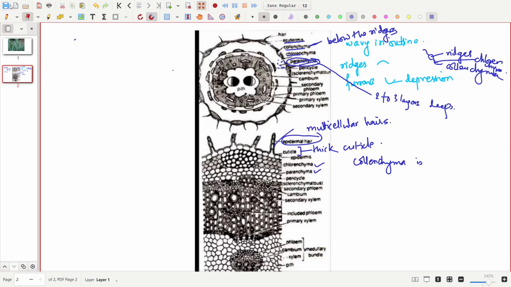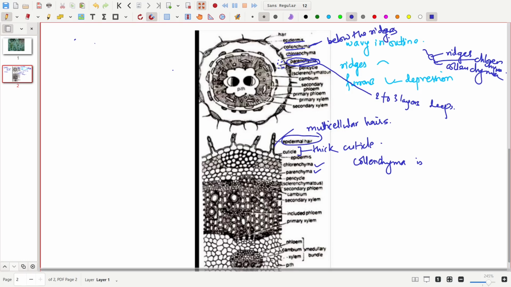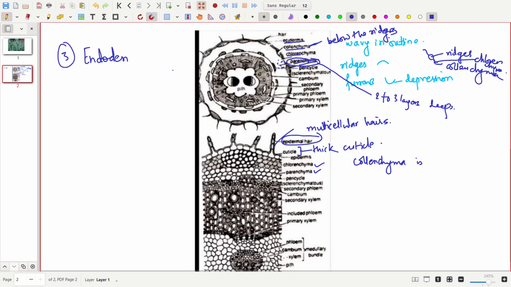Now let me discuss the third one, that is the endodermis.